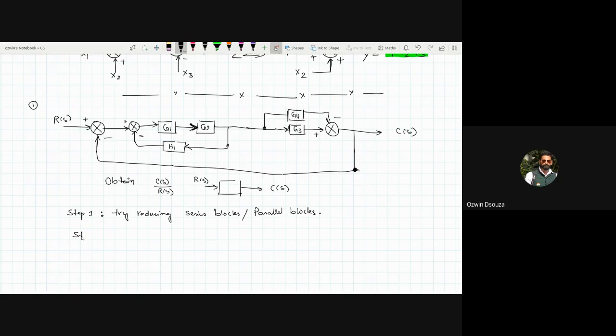And then you can think of applying reduction of minor feedback loops. So this is what you're supposed to do in block diagram reduction technique. If you don't have any series or parallel connected blocks or any minor feedback loops to reduce, then only you can go for the next step.